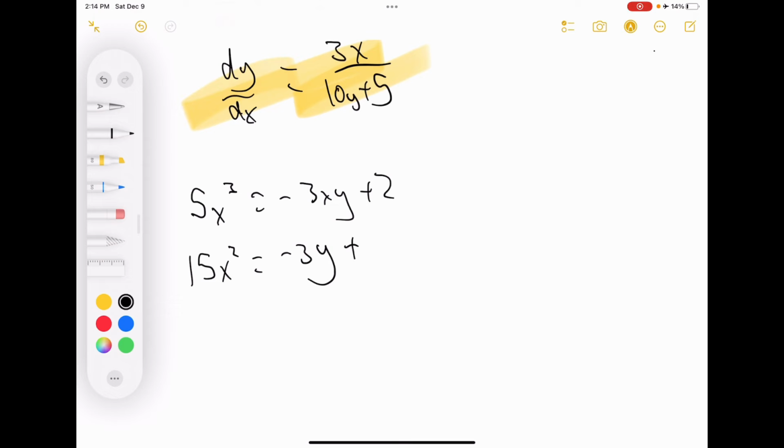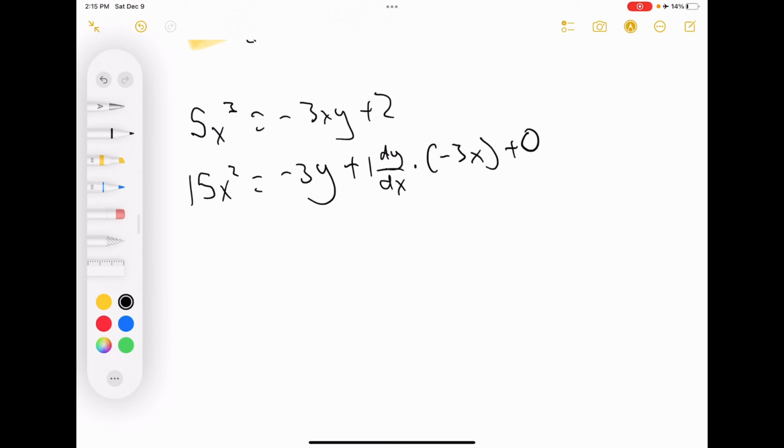Now we've got to add the derivative of the second times the first. So derivative of y is 1, but we have to write dy dx times the first, that's negative 3x. And now we have to derive the next term too, so that's just plus 0.